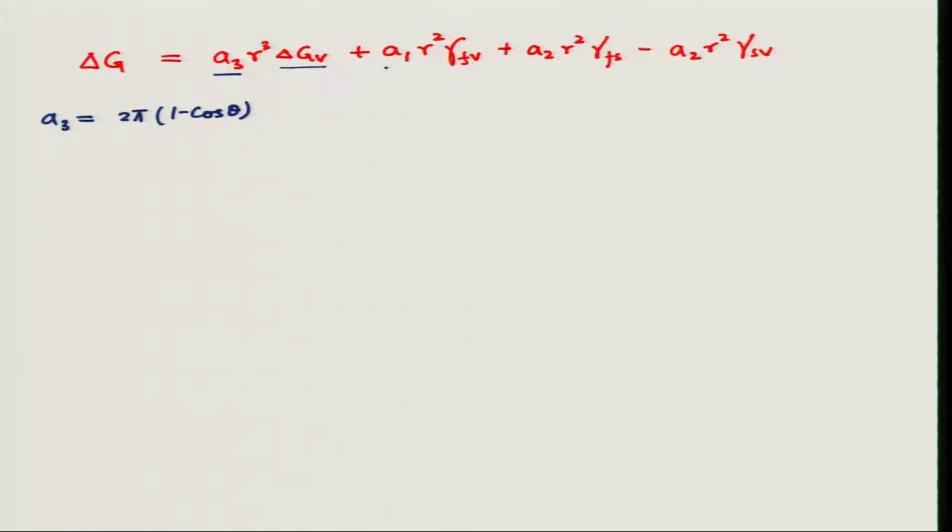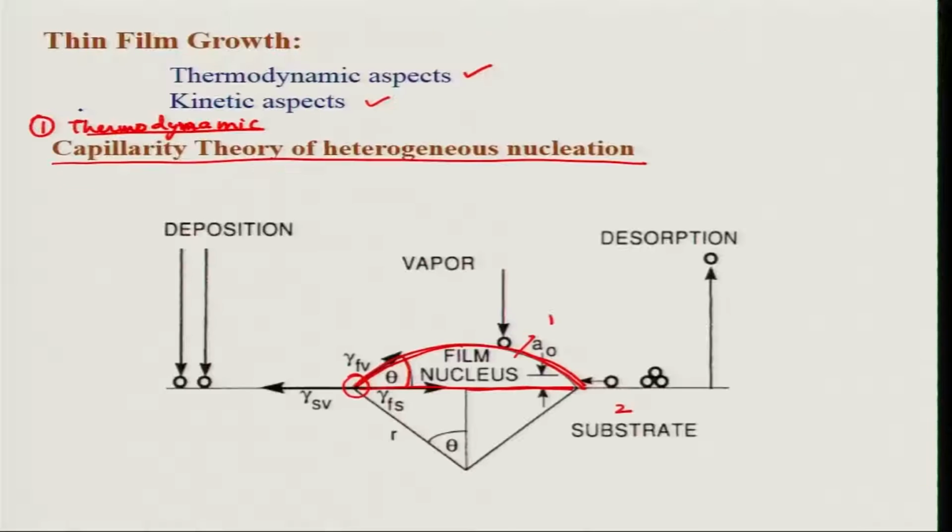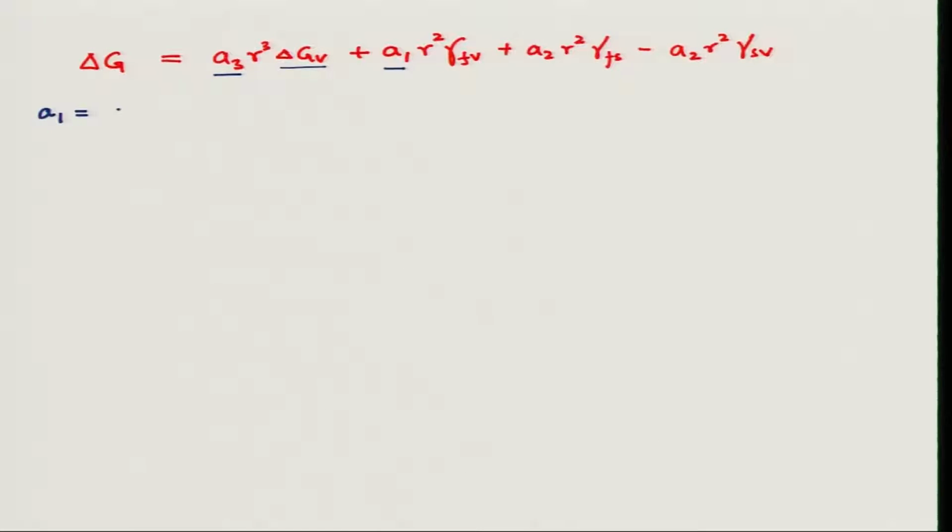Now, A1 is the energy of the curved surface. Sorry, my mistake here. Let me start with A1. A1 is the energy of the curved surface. If we go back, this is my A1, okay, this curved surface, and this will be 2 pi times 1 minus cos theta, okay.